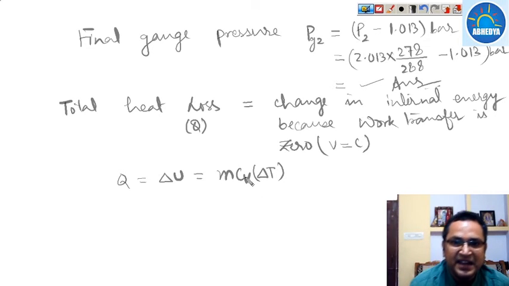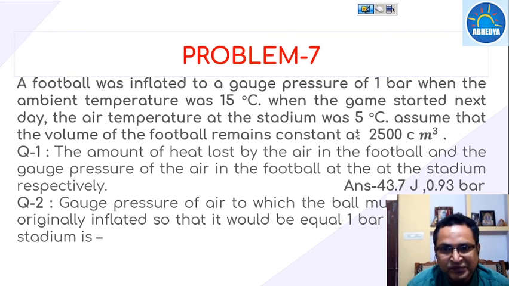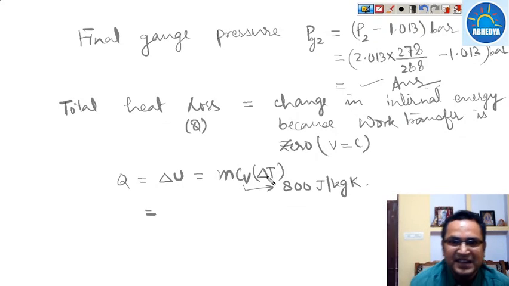Since it is air and air behaves just like an ideal gas, we take the value of Cv as equal to 800 approximately. So we are taking Cv equal to 800 joule per kilogram Kelvin. Since the mass has not been given, we can use the ideal gas equation.